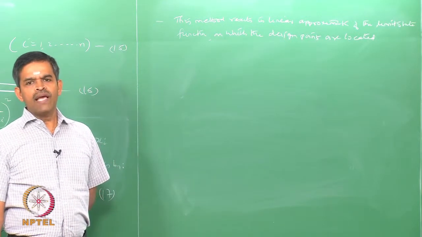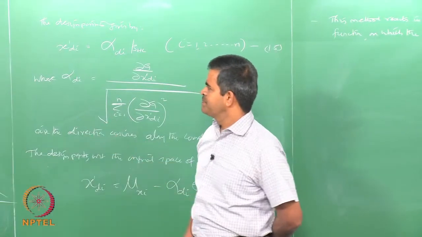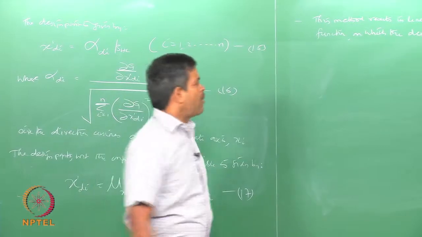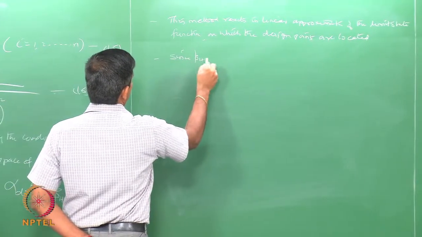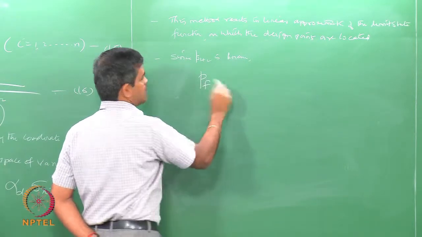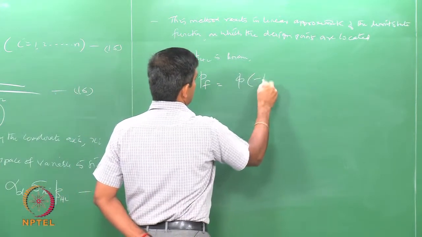Now, with the help of beta HL as obtained from the equation given earlier, equation 14, the probability of failure can be estimated. Since beta HL is known, the probability of failure can be estimated as the phi function of minus beta.